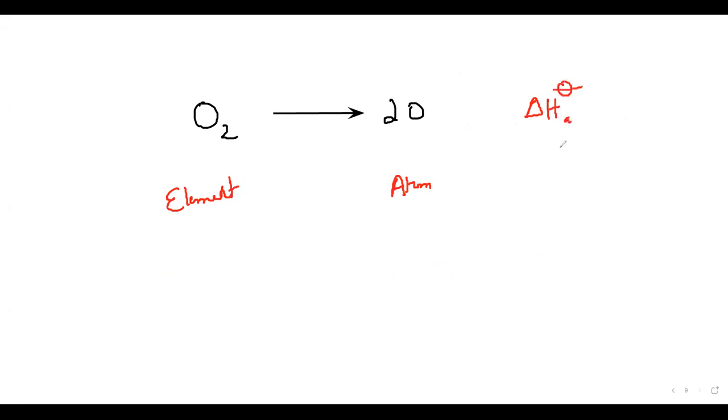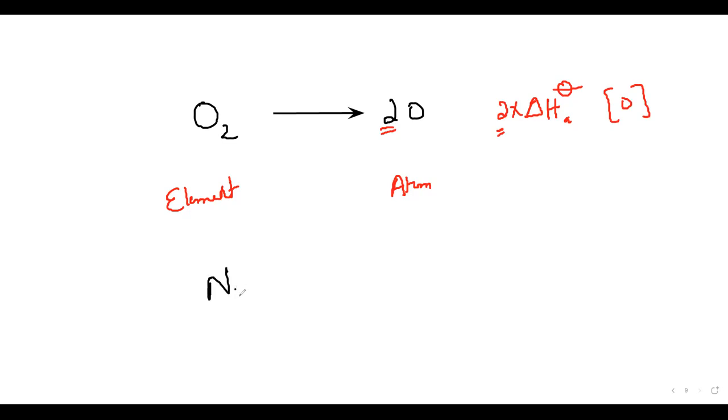If conditions are standard, we use this symbol. And this is atomization of what? This is atomization of oxygen. But because we produce two oxygen atoms, it will be multiplied by 2. So this is actually the standard enthalpy change of atomization of oxygen times 2.